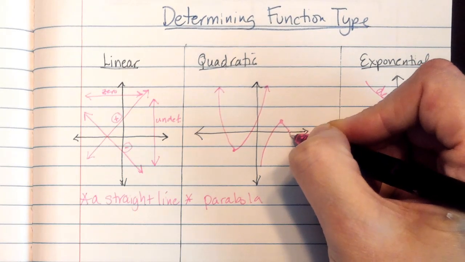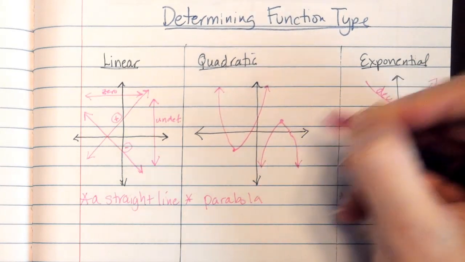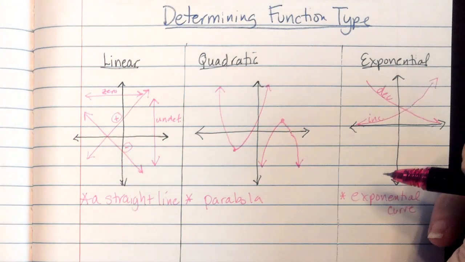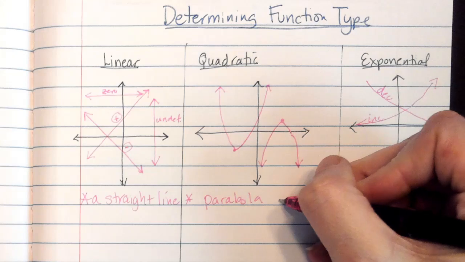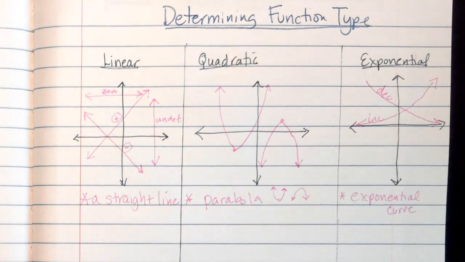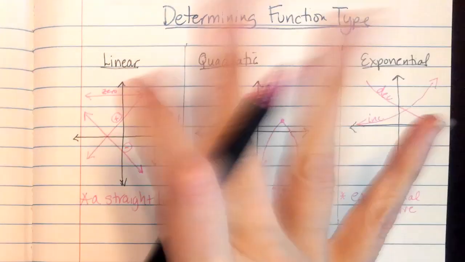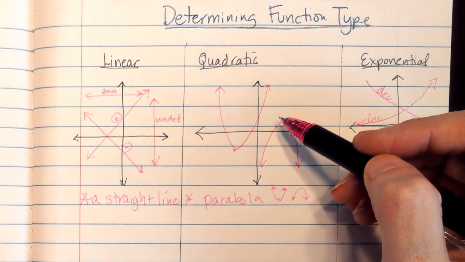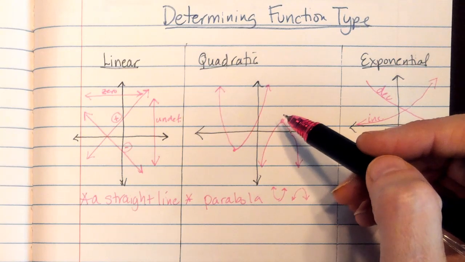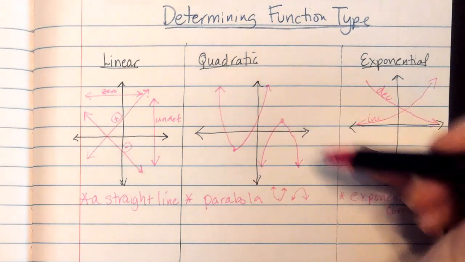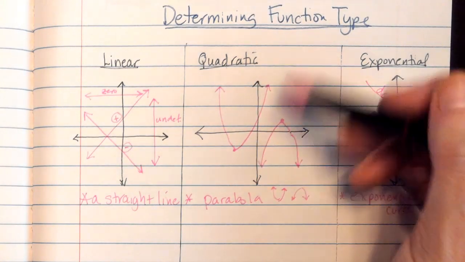When you draw these parabolas, imagine a line going through them, and if you folded them over, they would be exactly the same on both sides. They could open upwards or they could open downwards, but they're going to have that same shape. In algebra 2, you might see ones that open sideways, but that's not quadratic. That's y equals square root of x, or x equals y squared, and that's not what we're looking at right now. We are looking only at quadratic functions that open up or down.